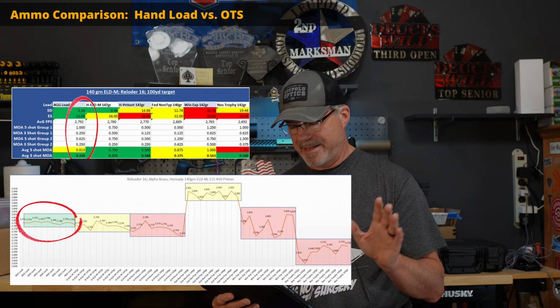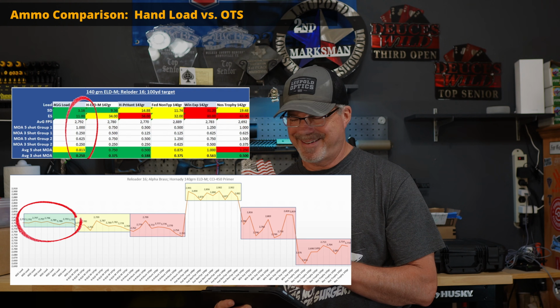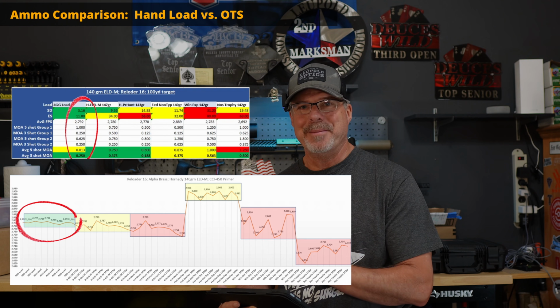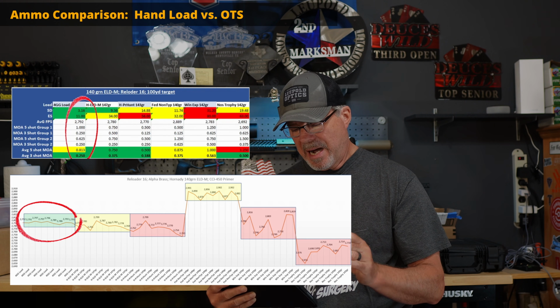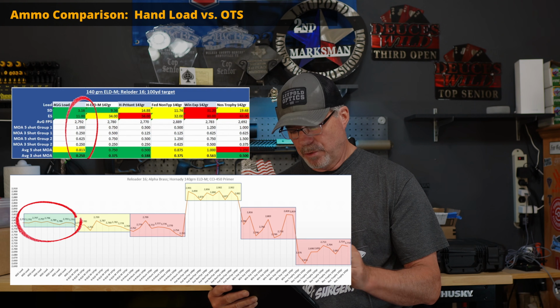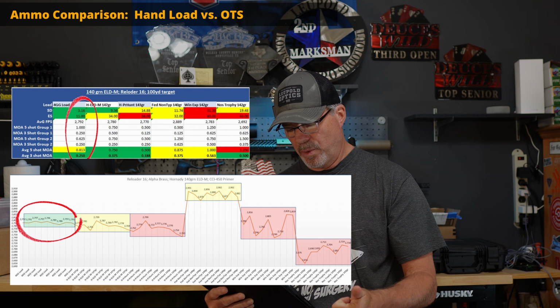I'm amazed today that these off-the-shelf ammunitions, when I bought them, I thought they were expensive. Oh man, today they're like 3 times what they were back then. But I want you to look at something. My loaded cartridges that I did, my SDs were 3.16, my ESs were 11.